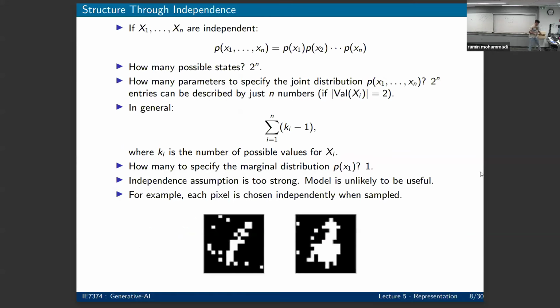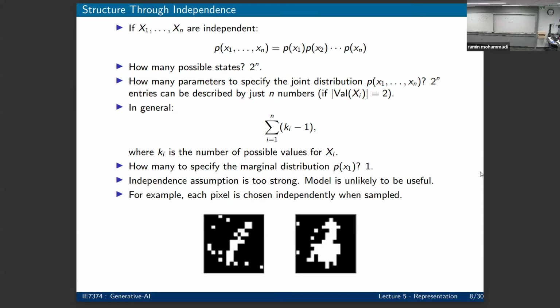And we know that it's expensive, right? So what if we introduce the concept of independence, and we say that the pixels are independent of each other? Then the joint distribution becomes the multiplication of the individual probabilities. Now, how many total states do we have?